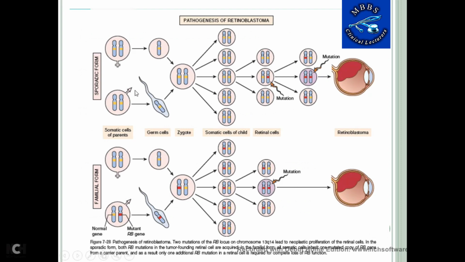This is taken from Robbins, and this tells us that usually, when there is a familial cancer case, this is the female and this is the male germ cell, right? So the female is all right, but one of the genes of the male is mutated, and it is an RB gene, right?